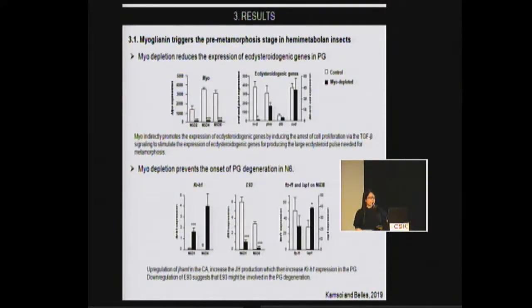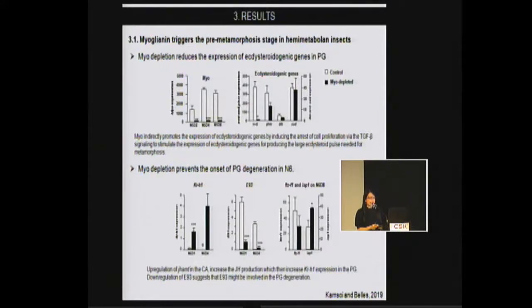So from this result, it seems myoclonine indirectly promotes the expression of those genes, to induce the arrest of cell proliferation in the prothoracic gland, and maybe via transforming growth factor beta signaling stimulates the expression of those genes for producing the last pulse of ecdysteroid, which is needed for metamorphosis.